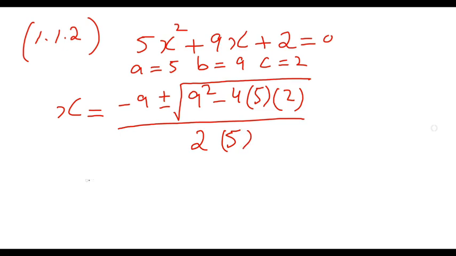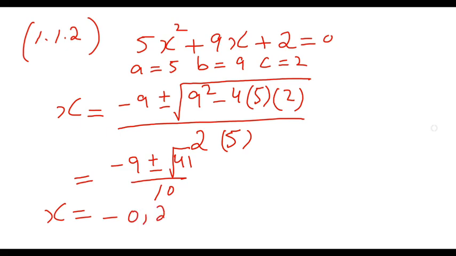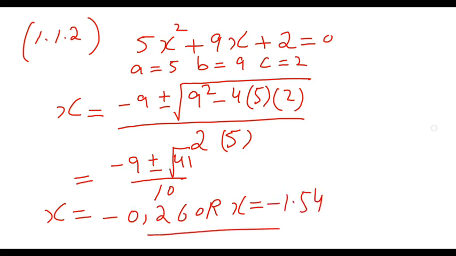Now I'm going to solve. Using my calculator, the answer is negative 9 plus or minus the square root of 41, over 10. Now I solve for x. Using my calculator, the answer is x equal to minus 0.26 or x equal to negative 1.54. This is my final answer.